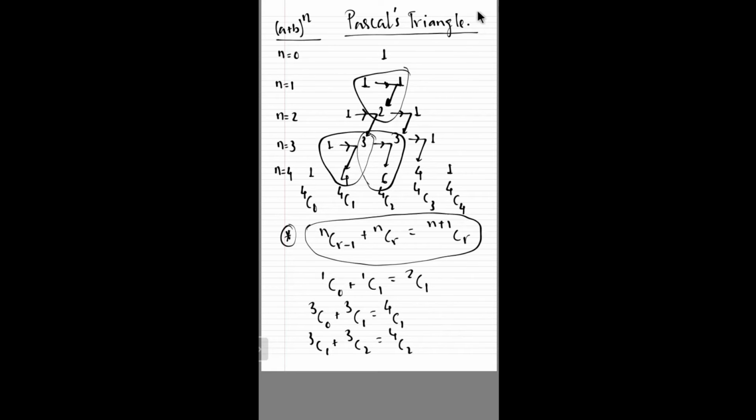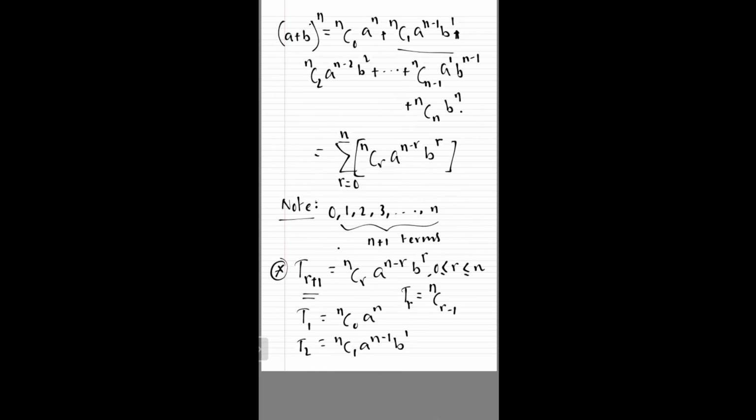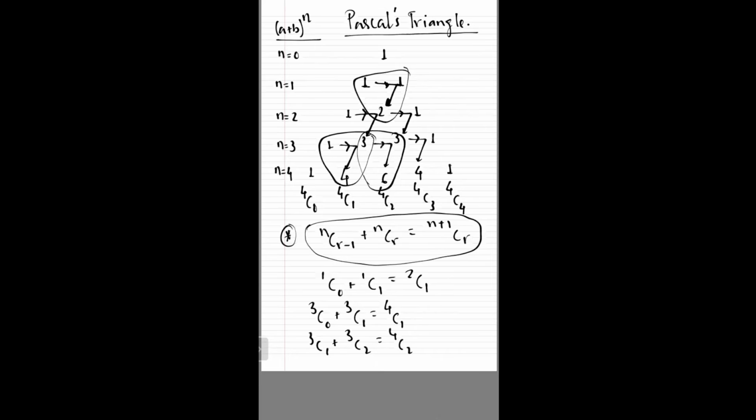So next, let us come to the use of the general term, mostly used in most of the sums. Let us come to the use of this general term that we have done previously: T(r+1) is equal to nCr a to the power n minus r b to the power r.